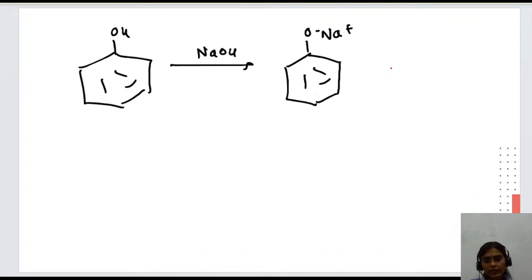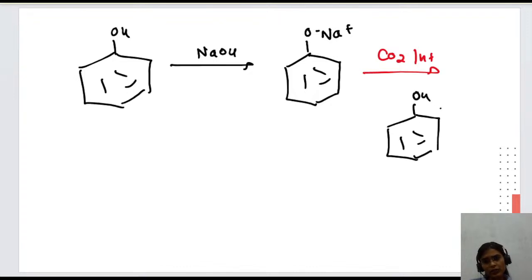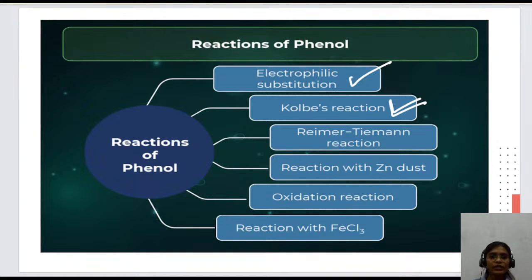The next step is CO2 or some acid. After the addition of CO2 or HCl, we simply get salicylic acid, with the OH and the COOH group connected. This last topic of the previous class is Kolbe's reaction. Let's continue with the next one.